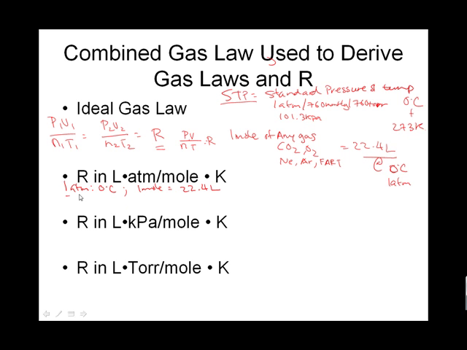So now we have pressure, this is temperature, this is my number of moles, and this is my volume. By plugging in these numbers, I can find out what R is. So here's my pressure, 1 atm, times volume, which is 22.4 liters, over number of moles, which is 1 mole, and times temperature, which is in Kelvin, 273 Kelvin.